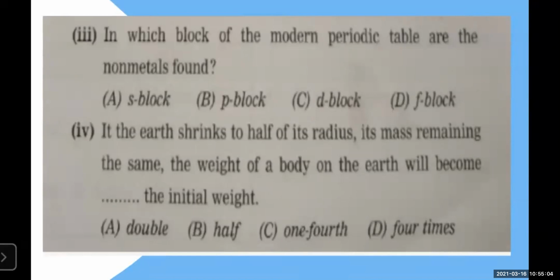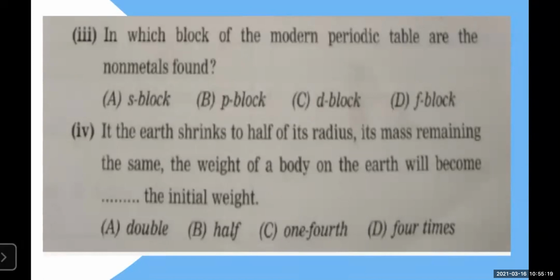Next, the fourth one: if the earth shrinks to half of its radius, its mass remaining the same, the weight of the body on the earth will become dash the initial weight.